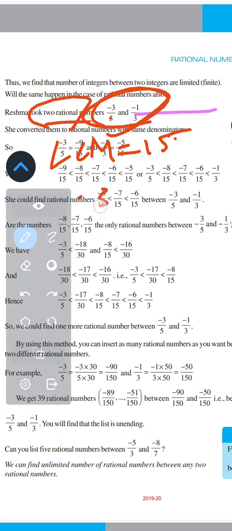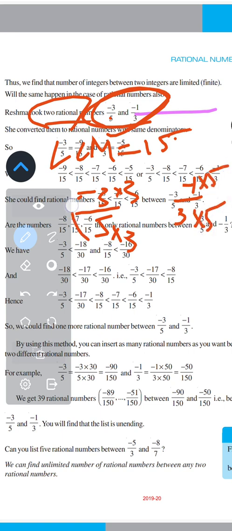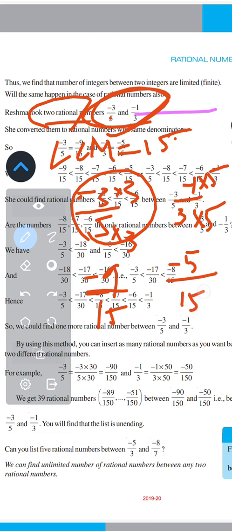So minus 3 by 5 I will have to multiply by 3, so I get denominator 15. The same way minus 1 by 3 I will have to multiply by 5, so I get denominator 15. Now this changes to minus 9 by 15 and minus 5 by 15.